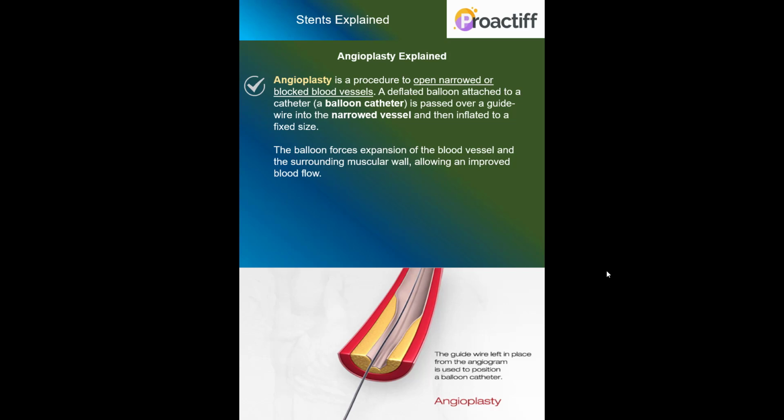The next step would be to pass the guide wire into the narrow vessel and then inflate the balloon to a fixed size, and this balloon forces the expansion of the vessel and the surrounding muscular wall, resulting in improved blood flow. So, as a result of the ballooning, there is now more space through which more blood can flow, creating improved blood flow in the process.